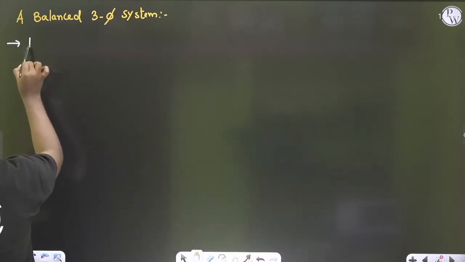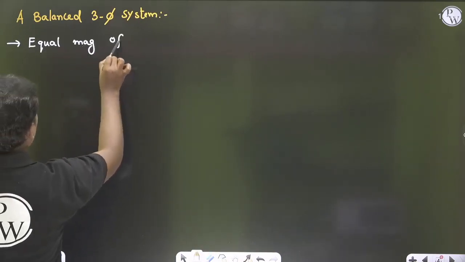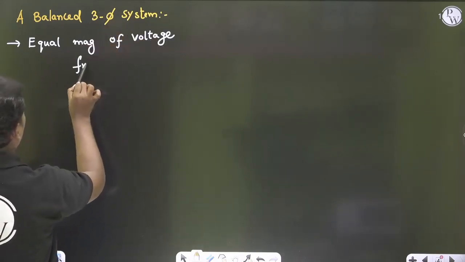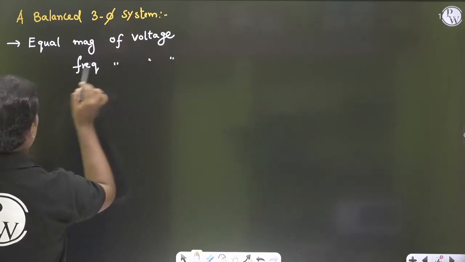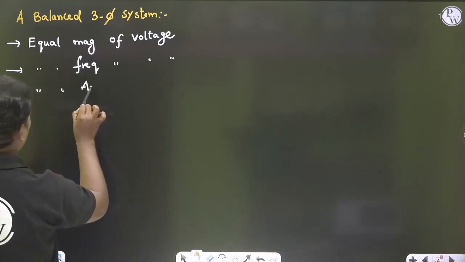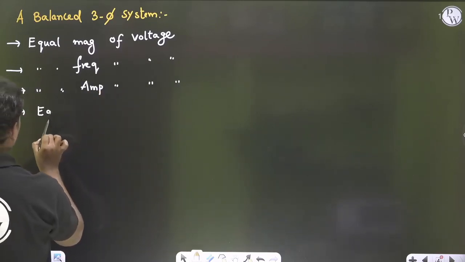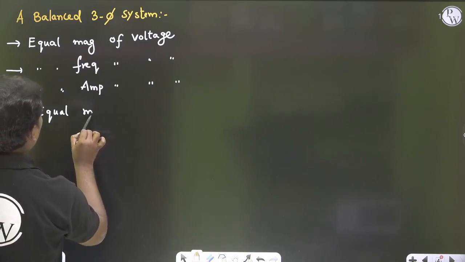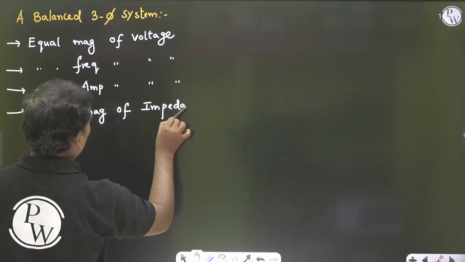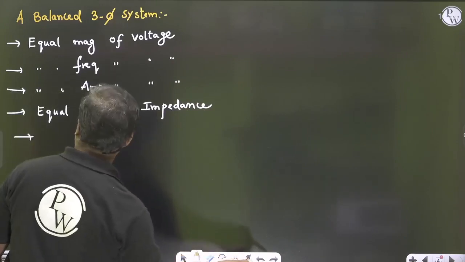It is having equal magnitude of voltage, equal frequency of voltage, equal amplitude of voltage, and equal magnitude of impedance in all the phases, and the type of impedance is also the same.